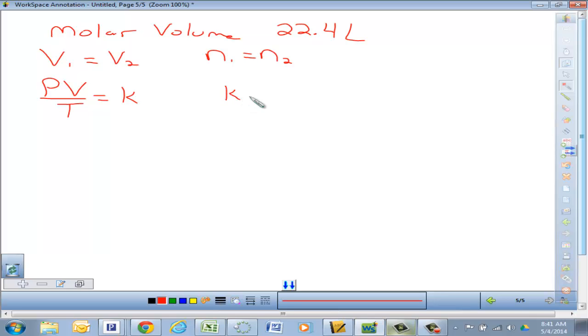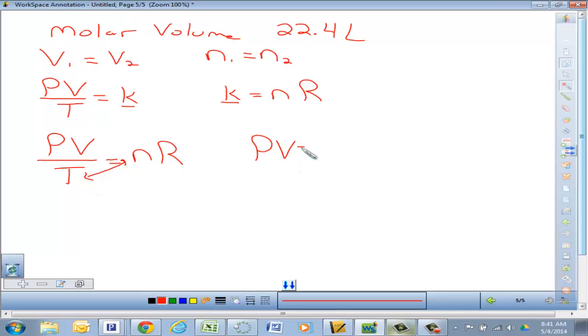But we can also say K is equal to N multiplied by some constant R. So if we look at K and K, I can substitute in: PV divided by T is equal to NR. I don't like denominators, so I can say that PV is equal to nRT.